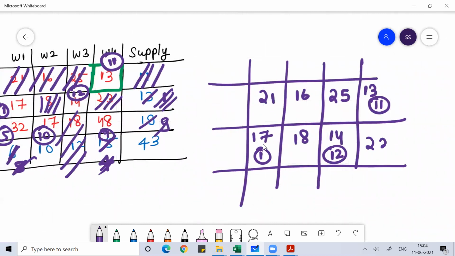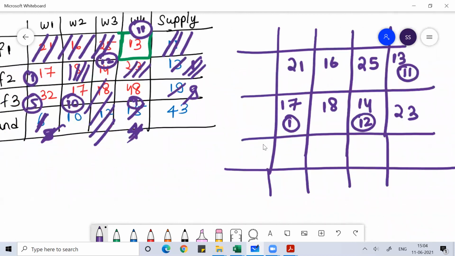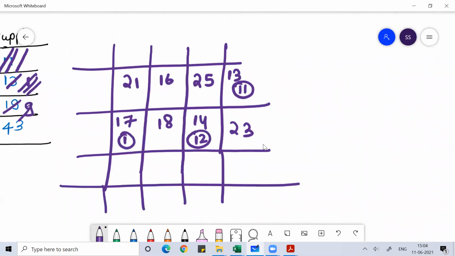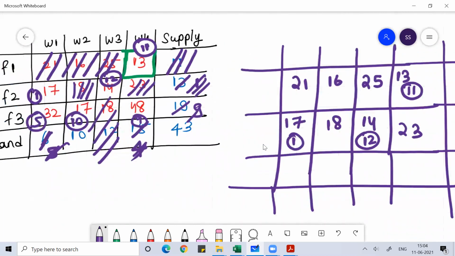Then you have 23. Then this is 32, then this is 5, then 17, then 10, then 18. This is 48.